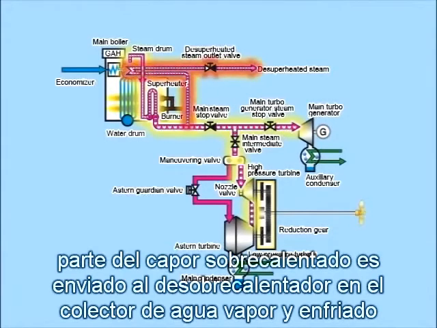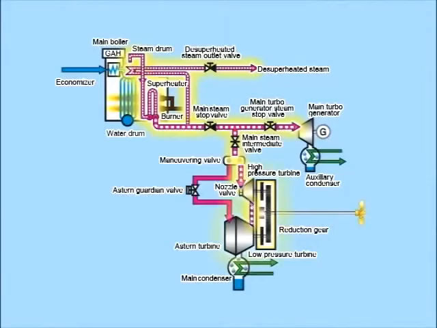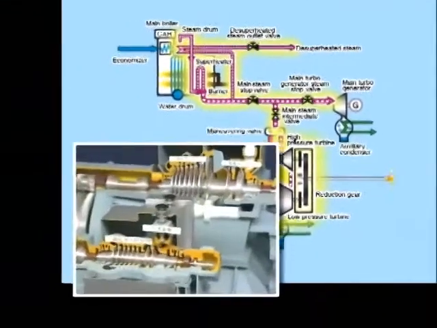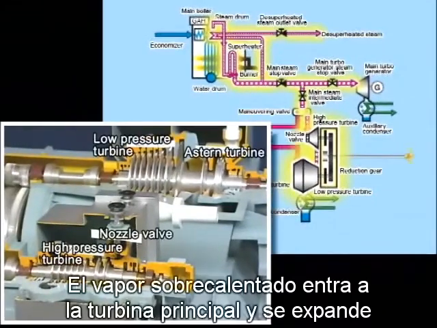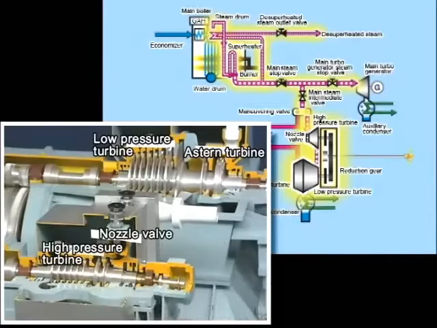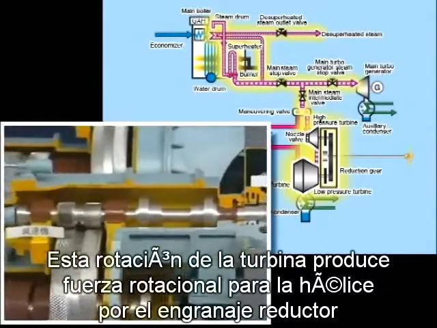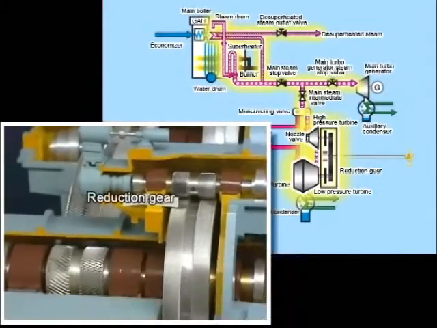Some of the superheated steam is sent to the desuperheater in the steam drum and cooled down. This steam is called desuperheated steam. Superheated steam enters the main engine turbine and expands, rotating the high and low pressure turbines at high speed. This turbine rotation produces rotational force for the propeller via the reduction gear.